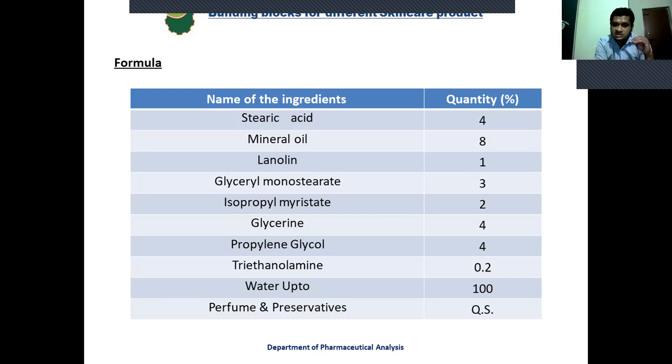The cream pH and the skin pH should remain the same. If there is a pH difference, less or more, then definitely some person may get irritation or itching. So triethanolamine is an ingredient mainly used to maintain or adjust the pH of the cream or the product.